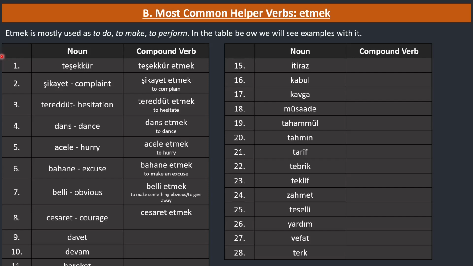Yeah, in English there's not an exact translation, so we need some sentences for that. I will go with to show, because to be is usually olmak, and I will say cesur olmak, to be brave. To show bravery. To show courage.